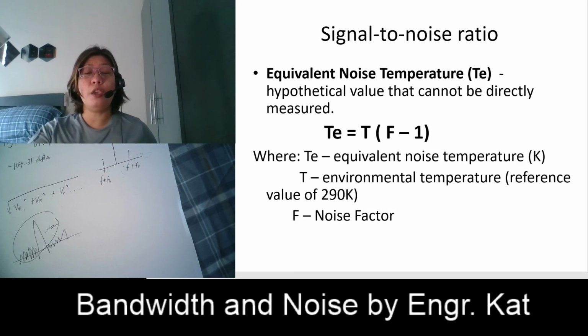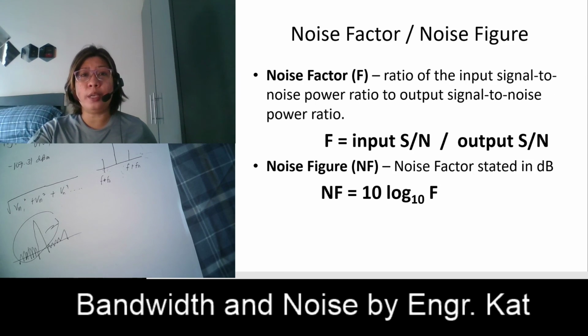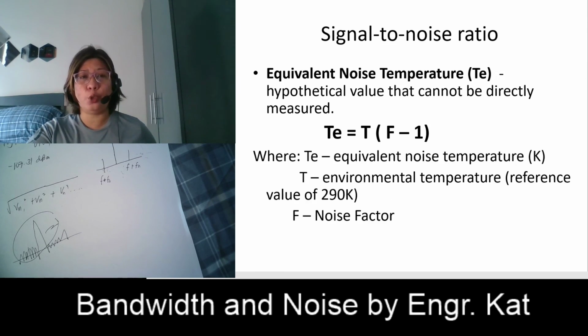Okay? And then you have here your noise factor, so F minus 1. Your noise factor F here is the absolute ratio and not in terms of decibels.